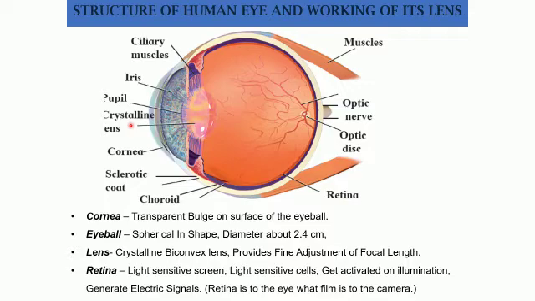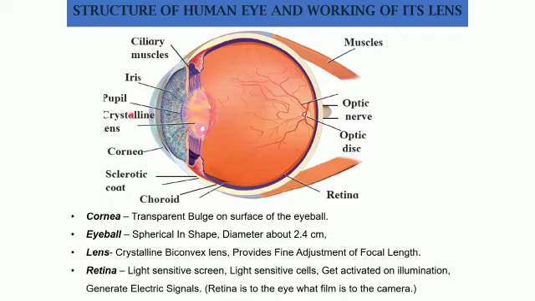So the main function of the lens is to bring about small adjustments in focal length to focus the image, and we can perceive the objects clearly that are very far from us and those which are even near to us.